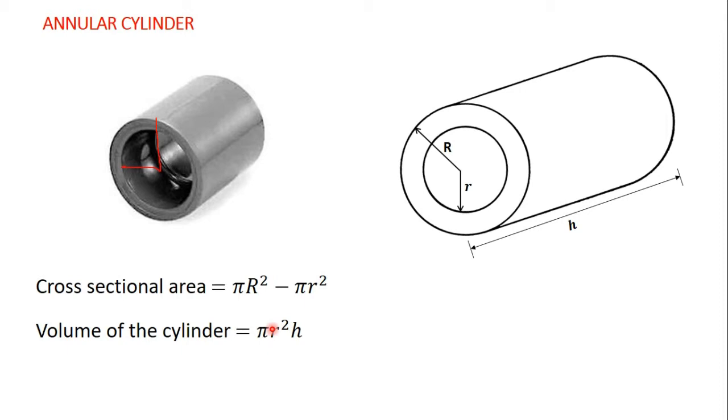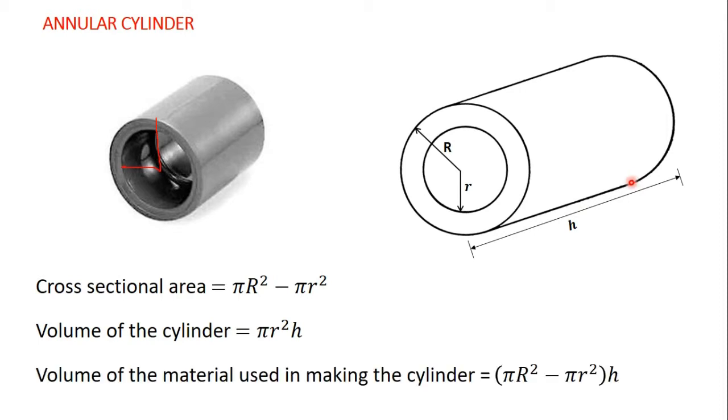To find the volume of the cylinder, the formula is pi r squared h, where r here is the small r, that is the internal radius, and h is the height of the cylinder. And to find the volume of material used in making the cylinder, the formula is pi big R squared minus pi small r squared, in brackets, times h.